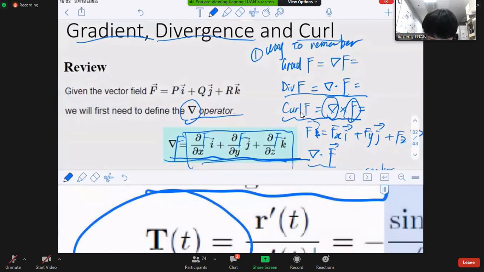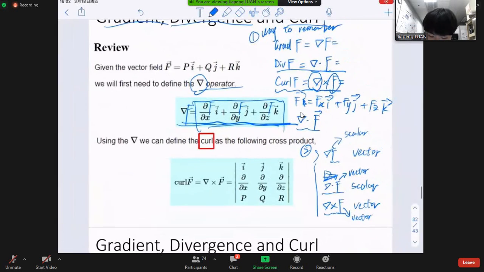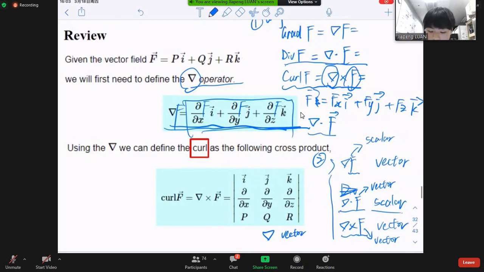How to memorize this is actually apparent. If you just think that this is a vector, then a vector dot a vector is a scalar, and a vector cross a vector is still a vector. And the gradient can also be applied to a scalar, which will give you a vector.